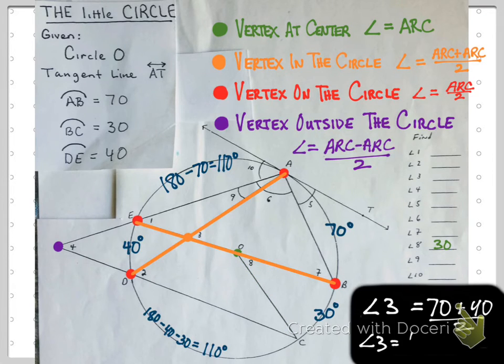Next, on to angle number 3. Its vertex is in the circle, and there's a 70-degree arc and a 40-degree arc that are intercepted by those 2 chords, or those 2 line segments. So if we add 70 and 40 and divide by 2, we'll find out that angle number 3 is 55 degrees.